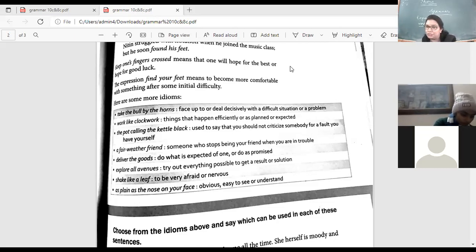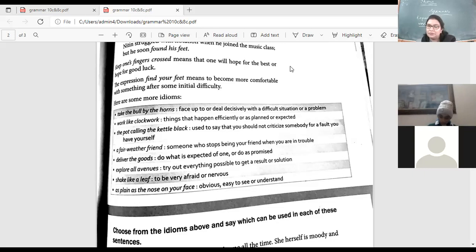A pot is one in which you cook. What has happened to both of them? Being on the stove for a long time, the pot is black, the kettle has also become black. But the pot calling the kettle black: the pot is also black because it's been on the stove for so long, and it is calling the kettle black. It itself is having a problem and is calling somebody else, right?